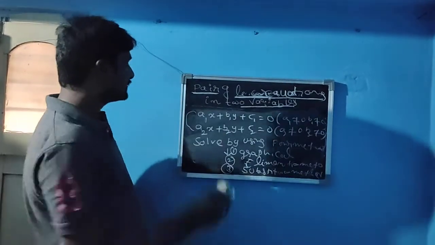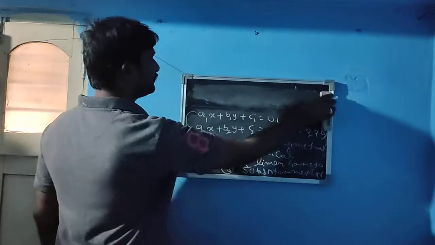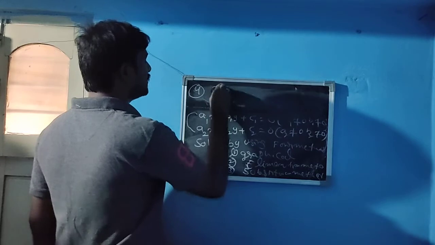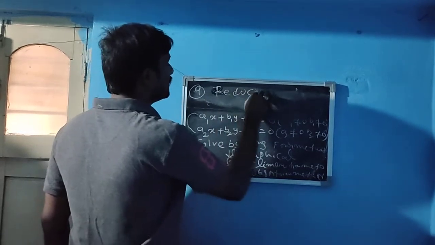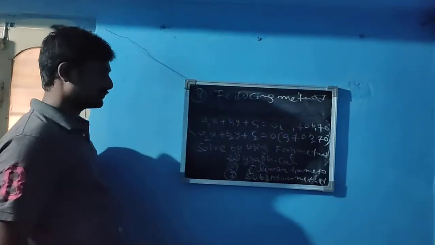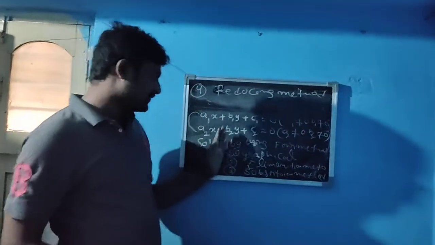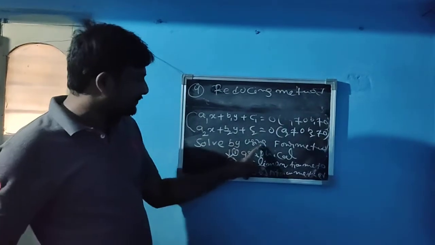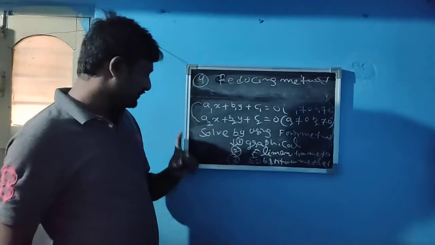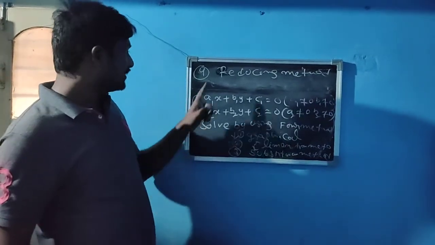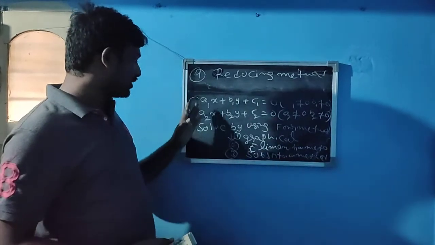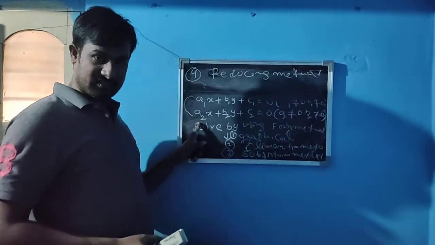And the fourth one is the reducing method. A pair of linear equations is solved by using how many methods? Four methods: graphical method, elimination method, substitution method, and reducing method. With these four methods, we can solve the pair of linear equations.